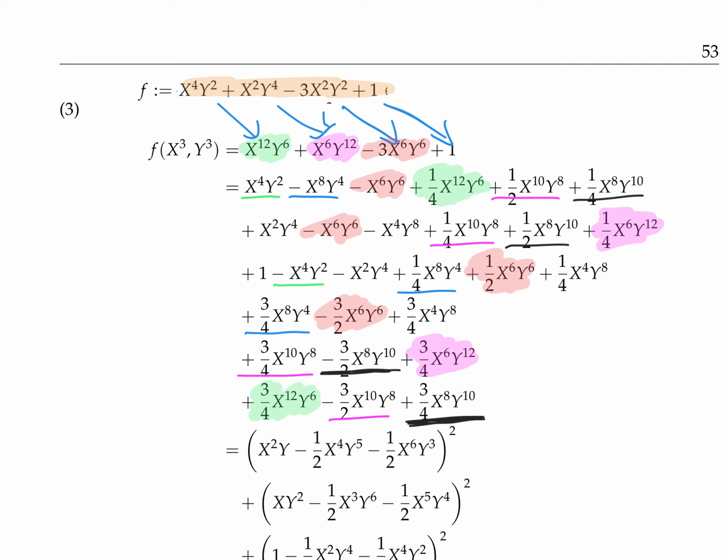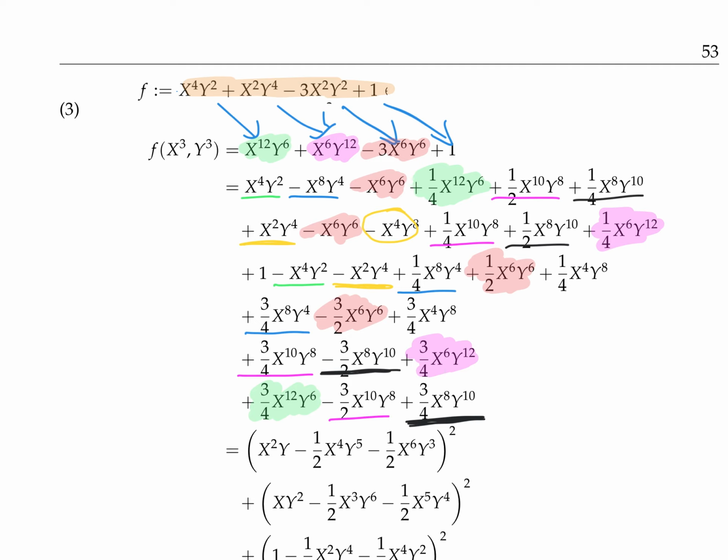right? And now we need more colors. So x to the 2, y to the 4, that's subtracted here again, right? And then maybe instead of continuing with colors, I just make here a circle.